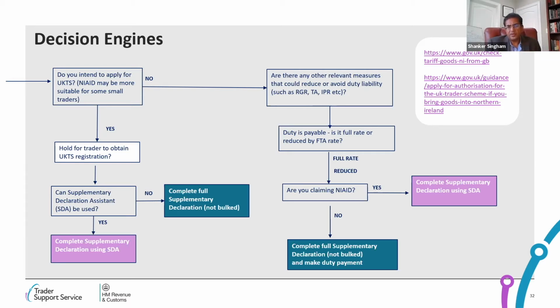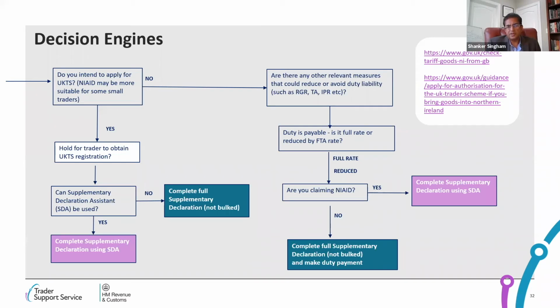If you can't apply for the UKTS and the duty is non-zero and you can't use the preference, what else can you do? Can you use return goods relief? That's what RGR stands for there. For example, if you've got product coming in from the EU into GB, it's not being processed, it's going to Northern Ireland.